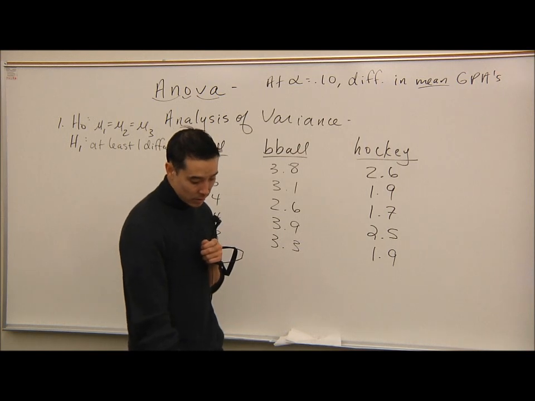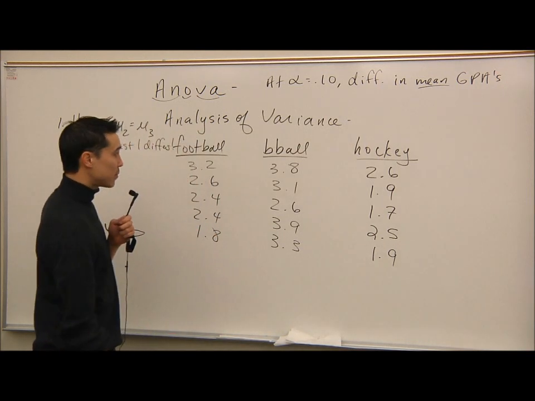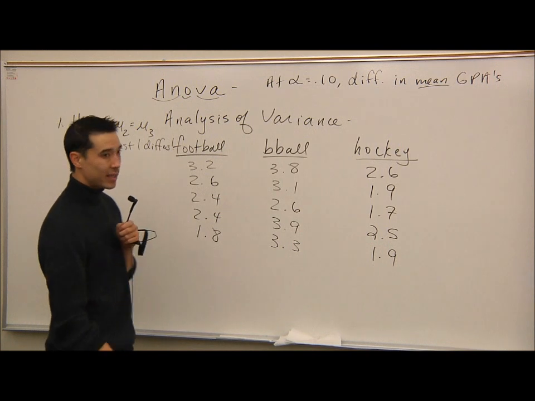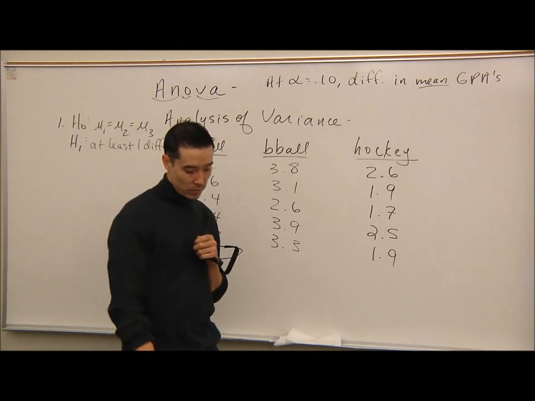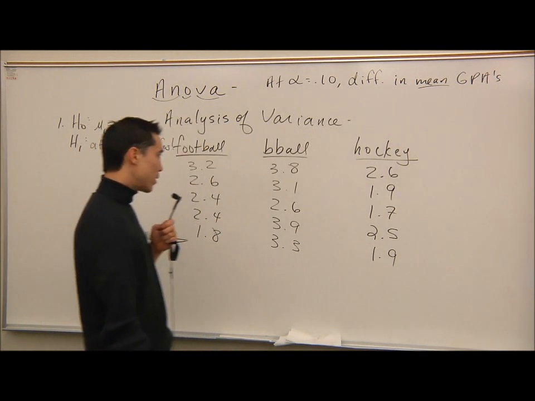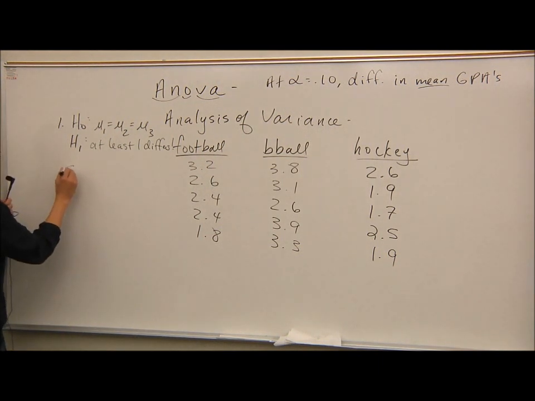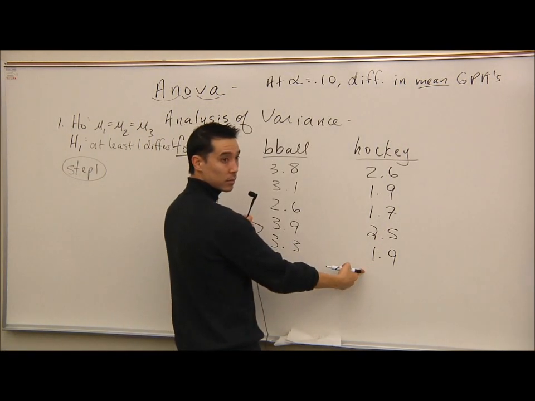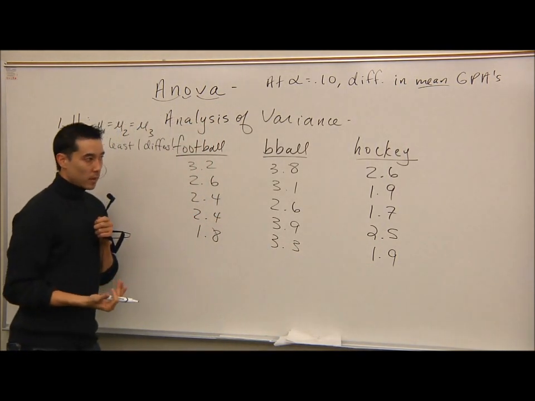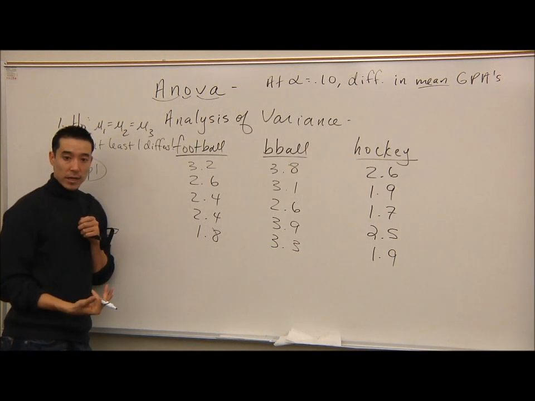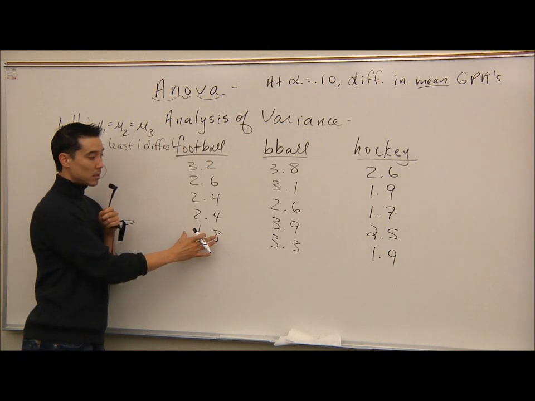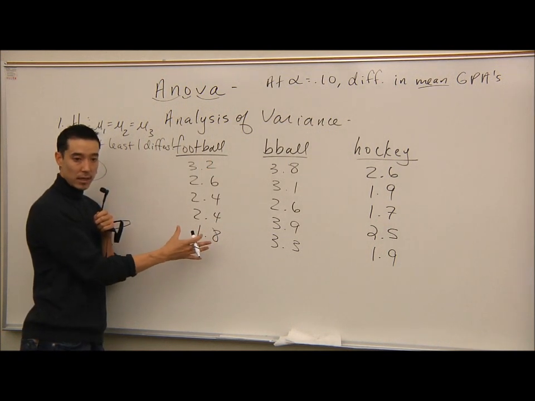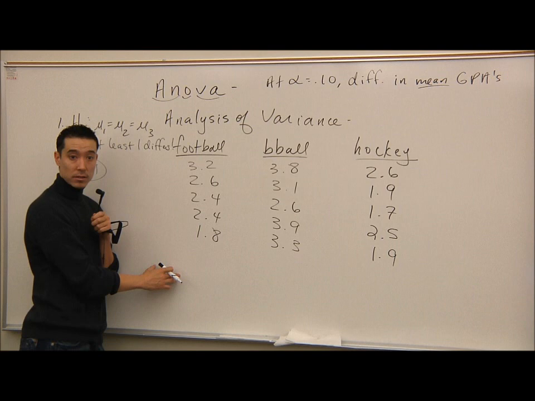Okay, before we get into the critical value, I want to get a few steps done because there's a few steps that we have to get to, and then we can actually run the test, okay? So step 1, I'm going to write step 1 here, is you need to find the mean and standard deviation of each of these samples, okay? So you obviously want to use your calculator or some sort of technology to do that. You could put all of these into a list in your calculator or in Excel and quickly find the average and standard deviation, okay?